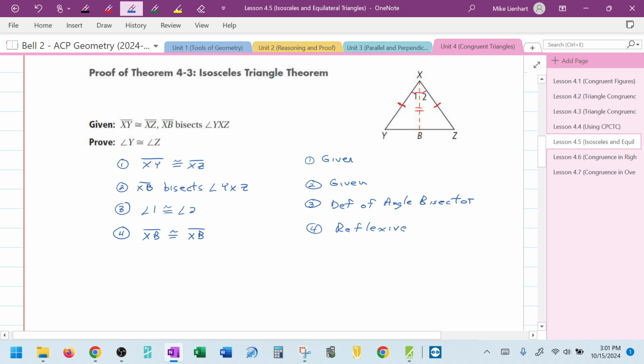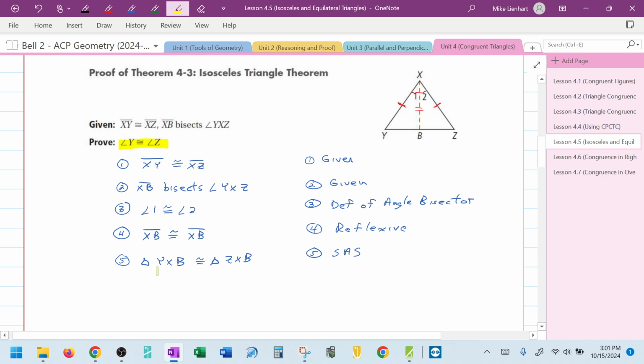And this now gives me enough information to say that triangle YXB is congruent to triangle ZXB. And my reason would be side angle side. Now, that still doesn't prove what they want me to prove, that the base angles are congruent.